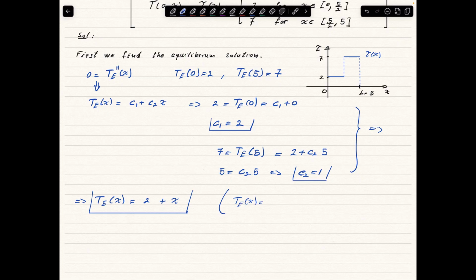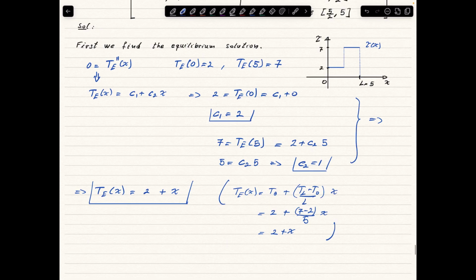The formula was T0 plus (TL minus T0) over L times x, isn't it? Well, T0 is 2, plus (7 minus 2) over 5 x, which is exactly the 2 plus x that we found. So everything agrees.